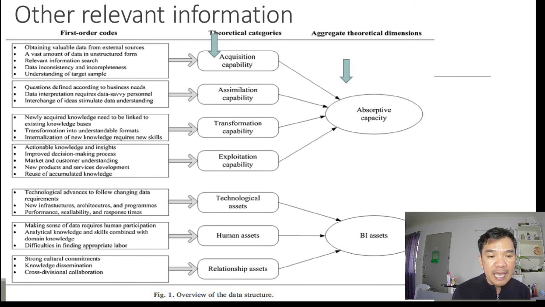If we look at the human assets, there are difficulties in finding appropriate labor. So one challenge that must be addressed is the limited number of people knowledgeable in BI and analytics. Second, analytic knowledge and skills combined with domain knowledge.